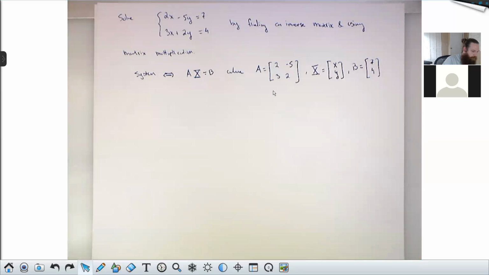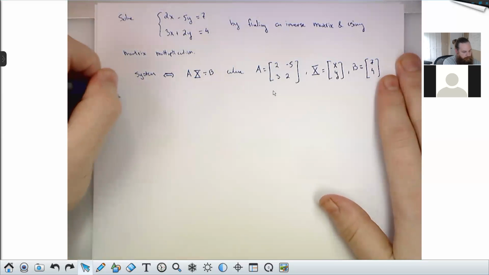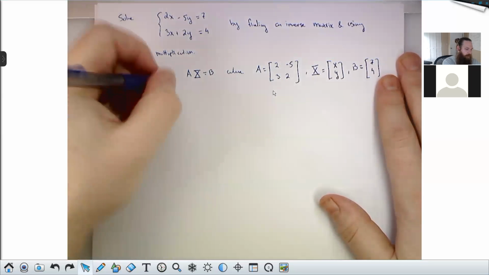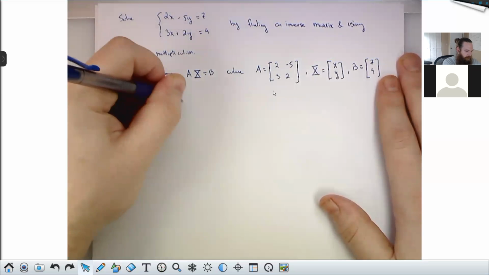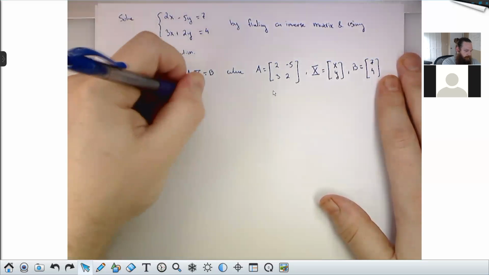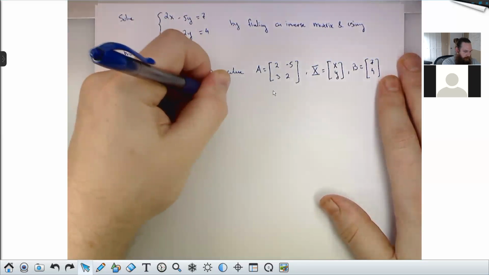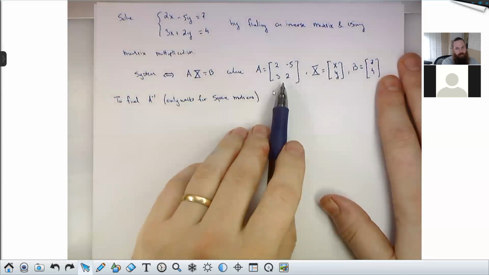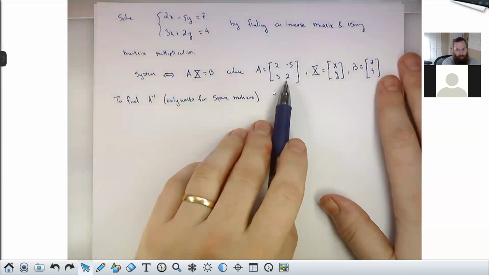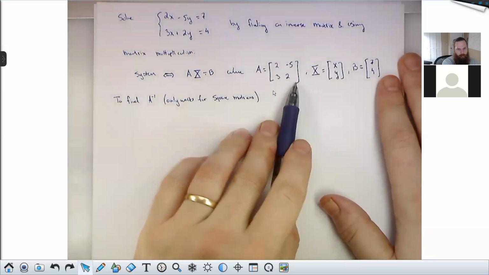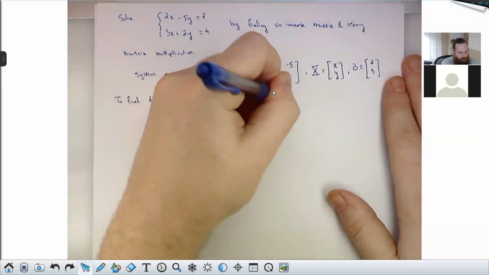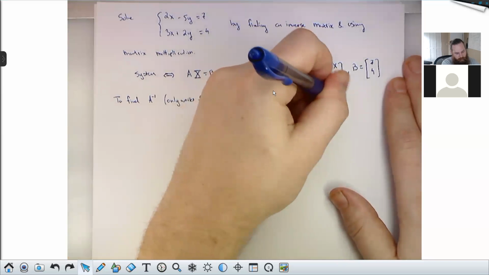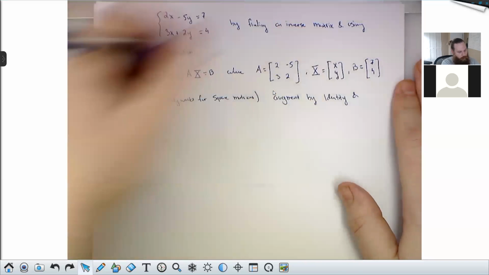So this is a time-consuming process, so I'm going to go ahead and do it. To find A inverse, you can only do this for square matrices. Remember, a square matrix is like a 2 by 2 or a 3 by 3 or a 4 by 4. This is a square matrix. We augment by the identity and row reduce.